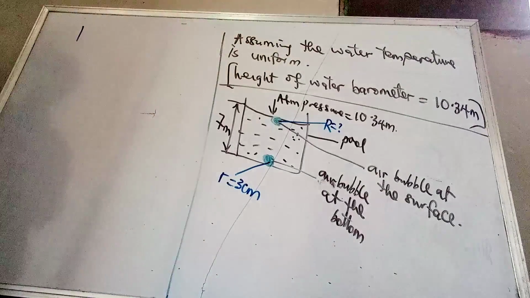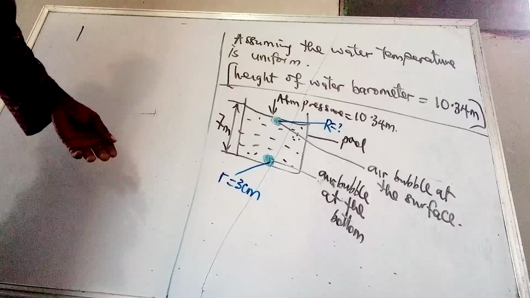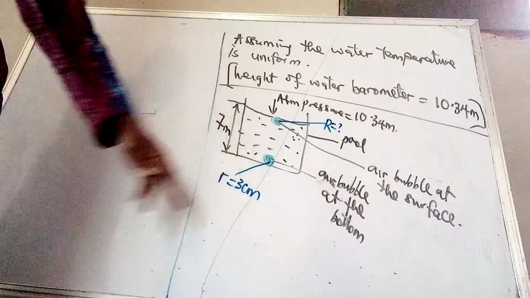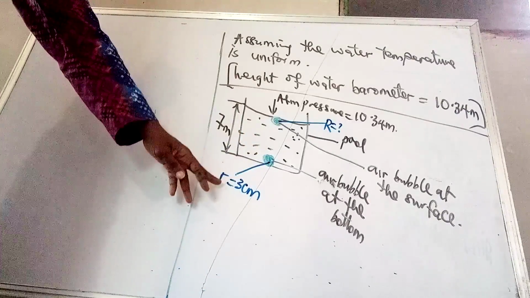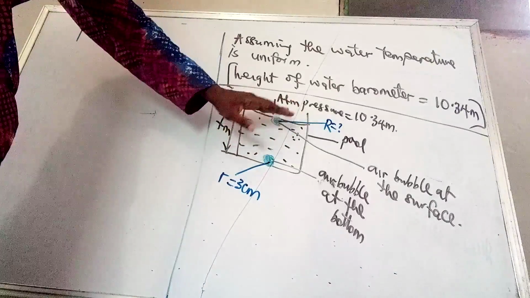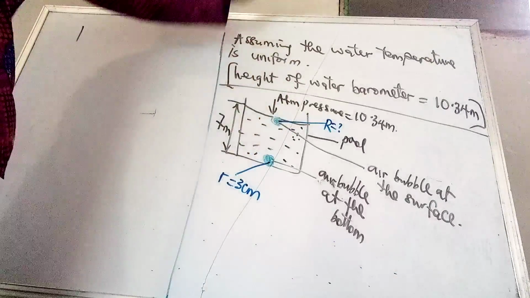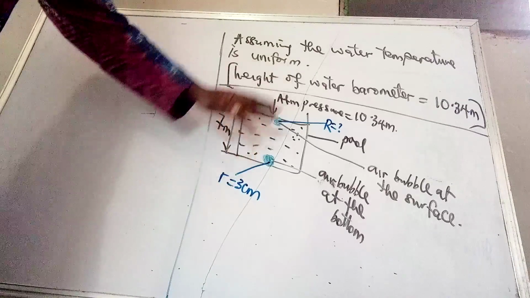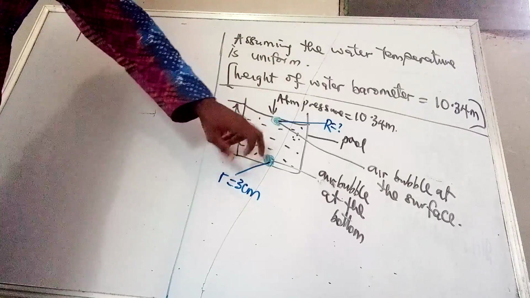All right. Now, when the air bubble is at the bottom of the pool, the radius is given to be 3 centimeters. And do not forget that the water in the pool will be exerting pressure due to its weight on this air bubble.